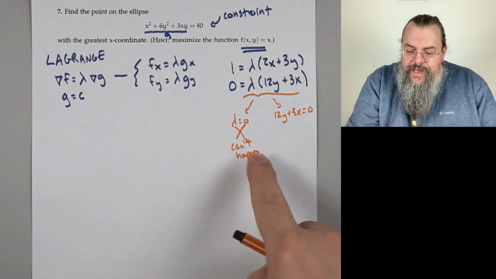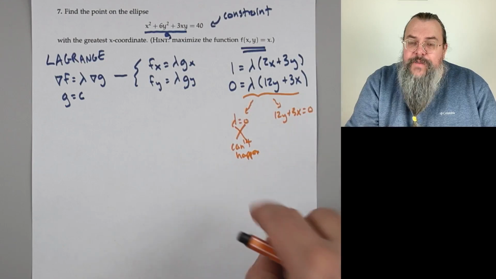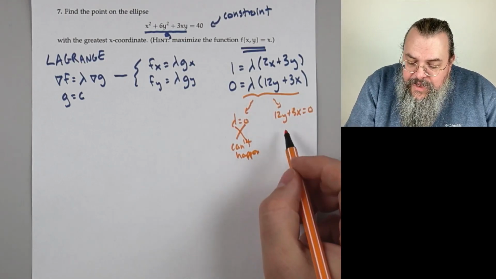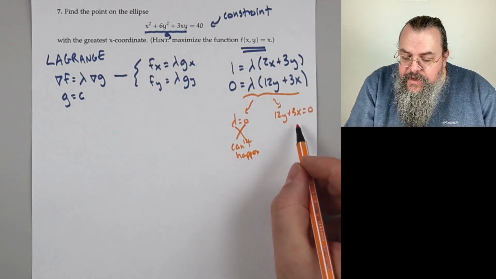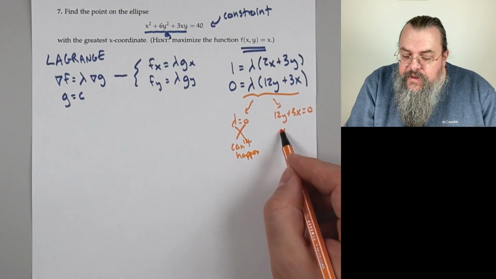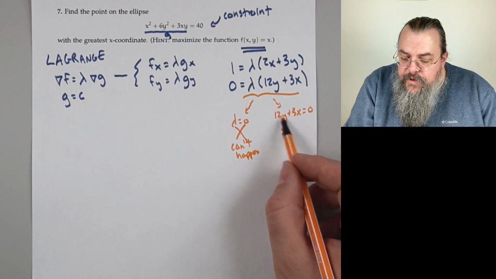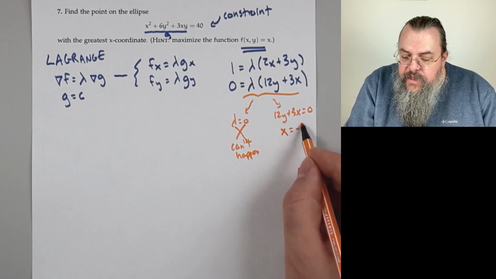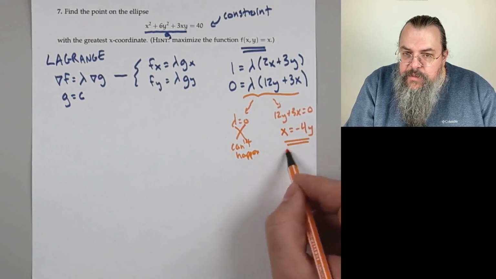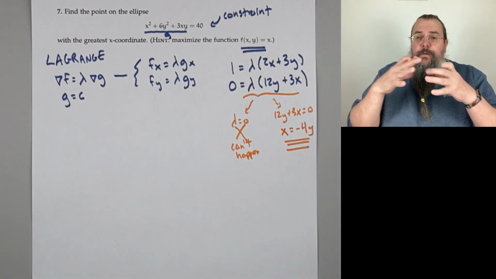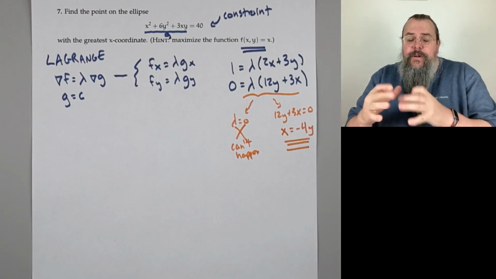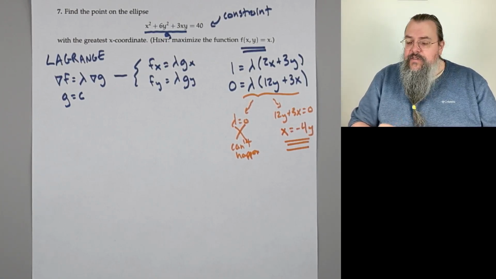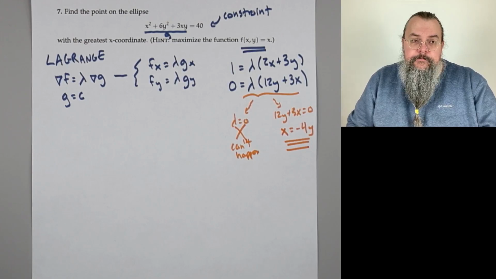Another way is just say, oh, hey, what are some consequences? So in this case, we say, great, well, 12y plus 3x equals 0. Another way we could write this is x, right, we move the 12y across, divide by 3, is negative 4y. So this is going to be key idea. So from our gradient of f equals lambda gradient of g, x has to equal minus 4y.